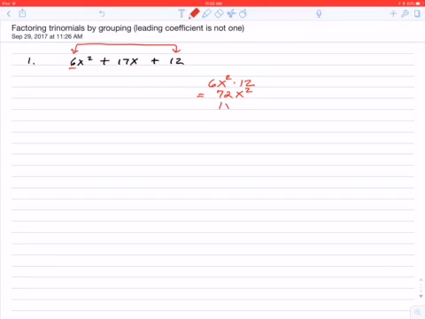So 1x, 72x, 2x, 36x, 3x, and 24x, 4x, and 18x. 5 doesn't go evenly into 72, but 6 does.